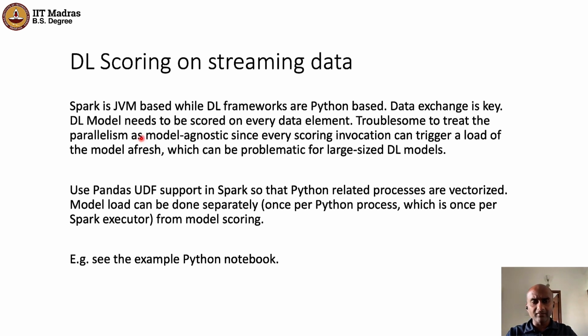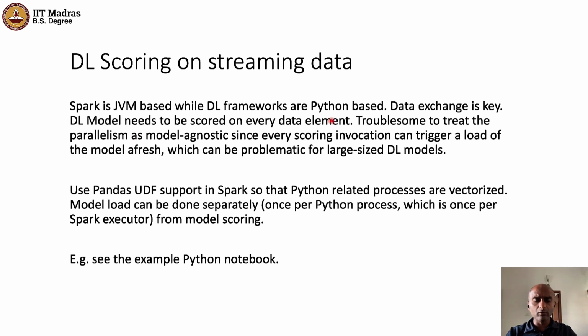Now, the parallelism available for streaming frameworks, where you have multiple executors, is typically model agnostic. So every scoring invocation will trigger a load of the model afresh. For a small model like a decision tree, this doesn't make a big difference, but for large deep learning models, it becomes problematic.